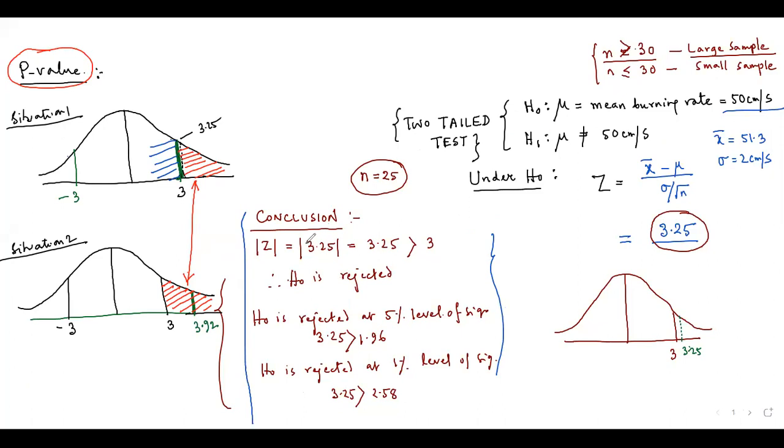This approach, you have to predefine your level of significance at a certain point, isn't it? Be it 5%. Suppose Vanshita is choosing her level of significance to be 5%, and Ayush is choosing alpha at 1%. Vanshita is getting rejection and Ayush is getting acceptance.